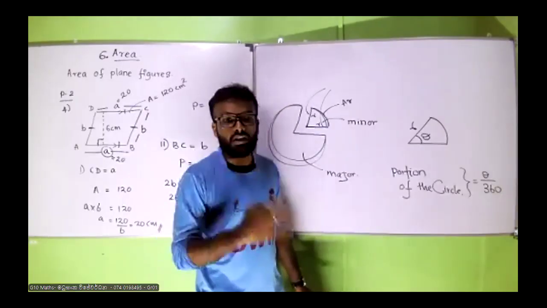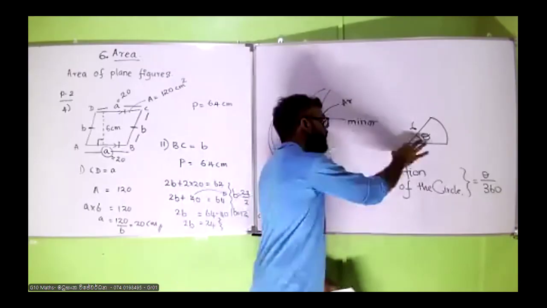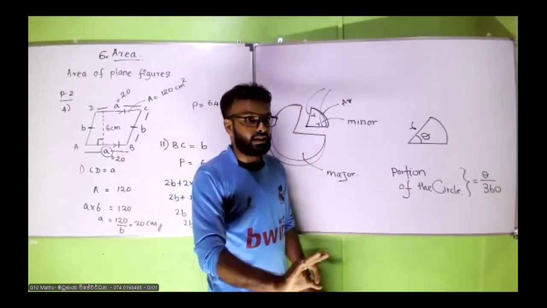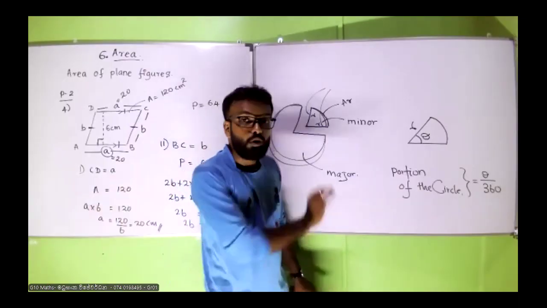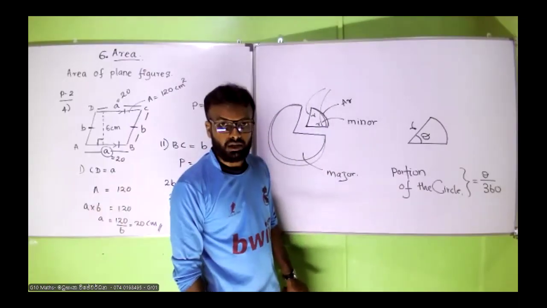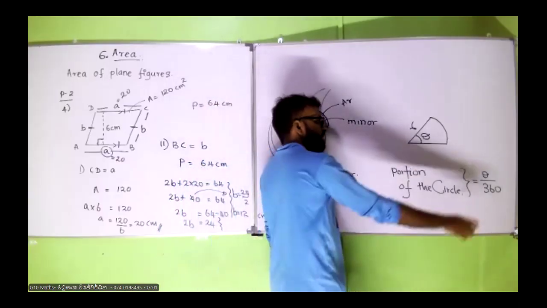This theta is called the angle at the center, and this is how we calculate the portion of the circle.